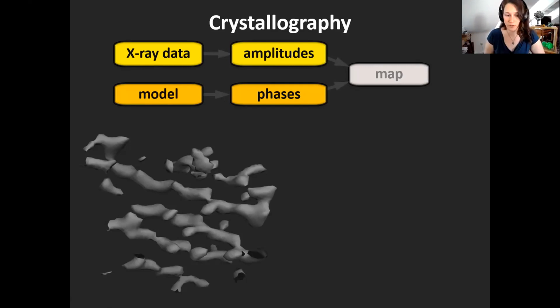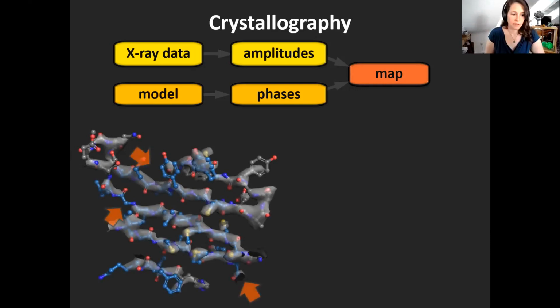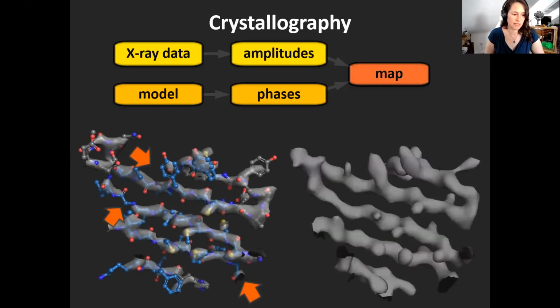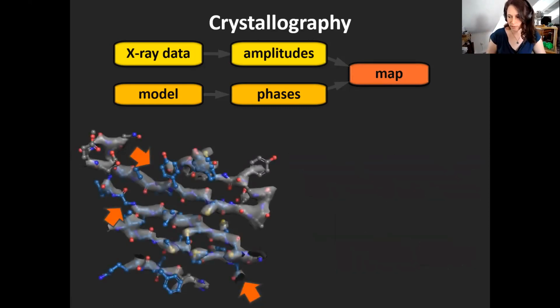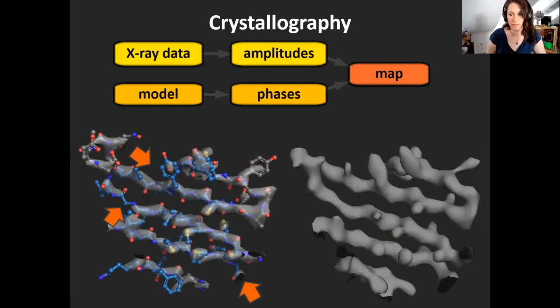So we can often not see what we don't expect. And this can be seen in the model interpretation for this map. You can see that the map really doesn't fit so well to the molecule. So the phases may be at fault, and phase error is typically large in macromolecular crystallography. And this, I think, accounts at least for part of the problem.